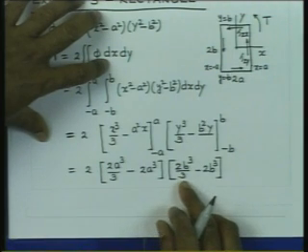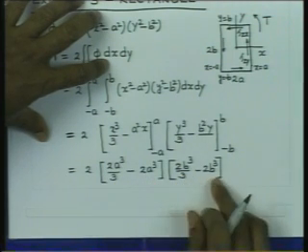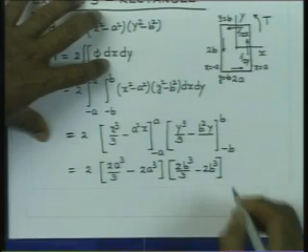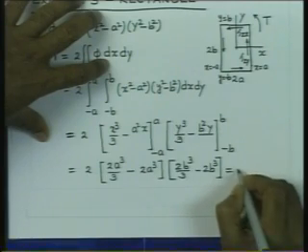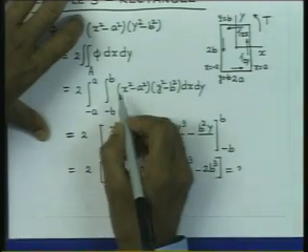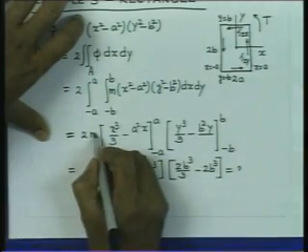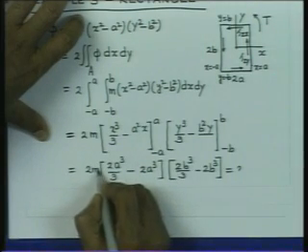So, this will give us minus 4a cube by 3 and this will give minus 4b cube by 3. Of course, we have left out the constant m here, so that m is carried forward.